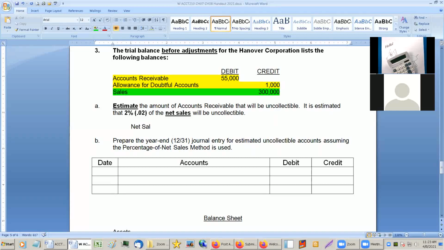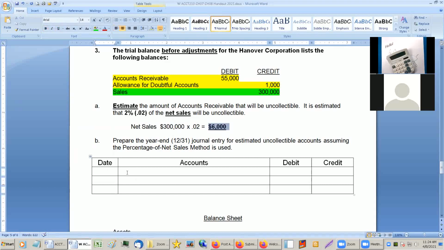You multiply it out. So this would be 2% equals 6,000. So 6,000 would be our estimate.